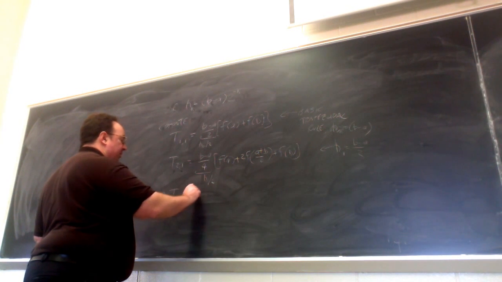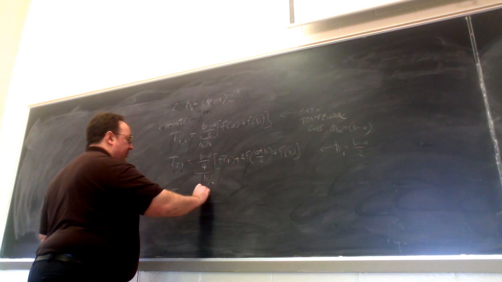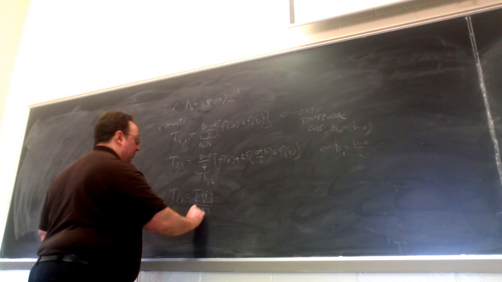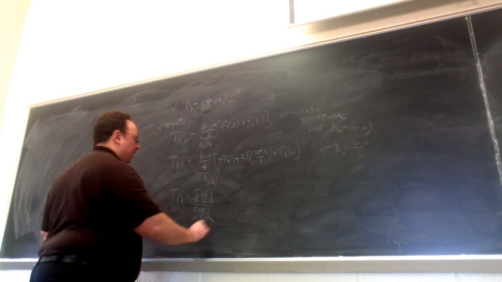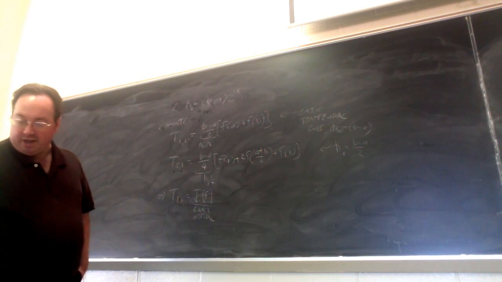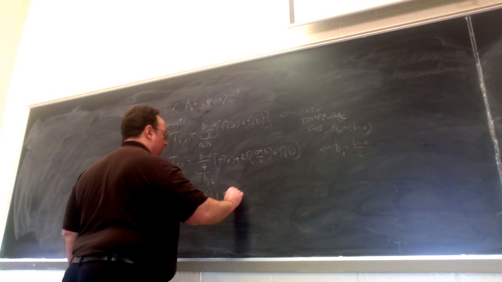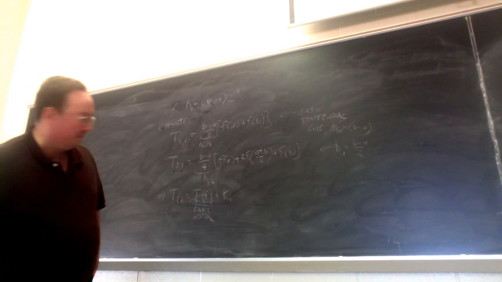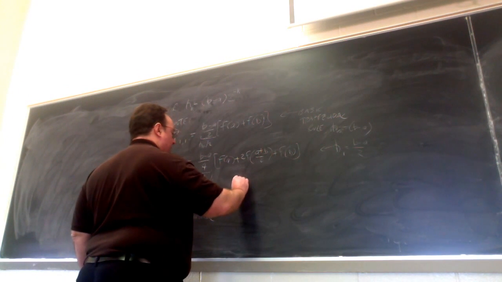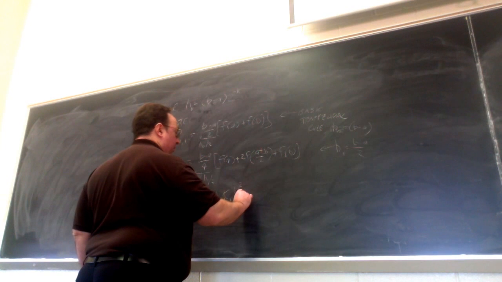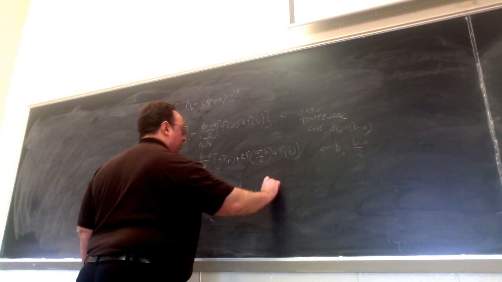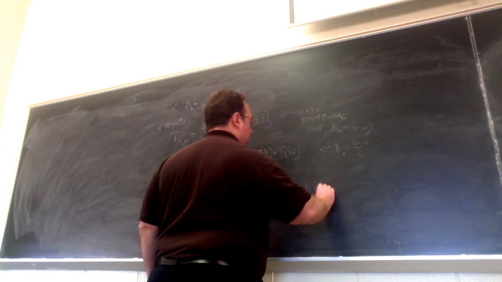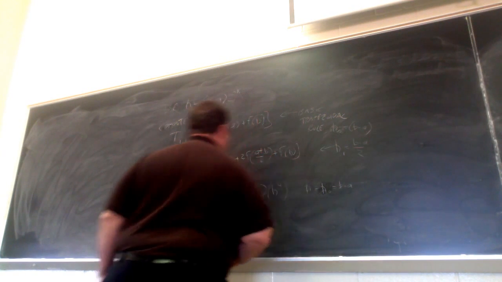The first approximation is equal to the exact value, which I'll call I of f, the exact integral, and then the error is k1 h squared plus terms of order h to the 4th, where in this case h is just h naught, b minus a.